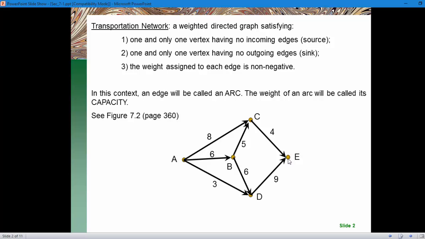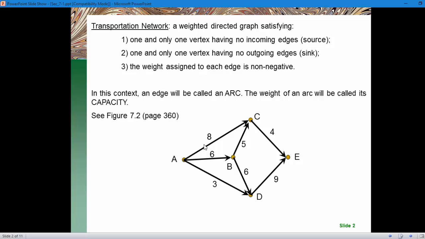Number two here, satisfying the second condition of the definition, a vertex having no outgoing edges, that's called a sink. And we have only one sink. Notice that the weight of each edge is non-negative. You could have weight 0.